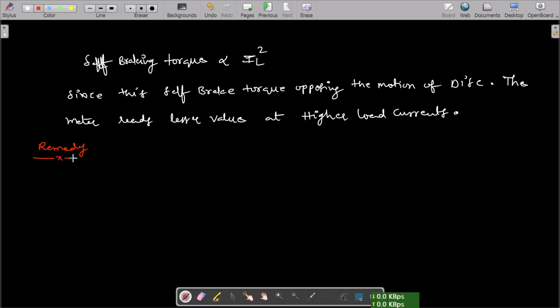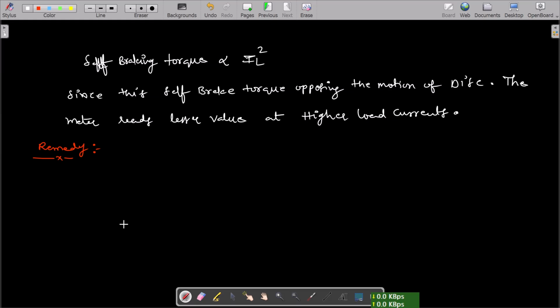Now what is the remedy? The remedy is: whatever overflux, the over series flux at higher load currents, we will make it not touch the disk. If the over series magnetic flux does not touch the disk, then the self braking torque won't be there, no torque will be generated, because no flux means no torque.